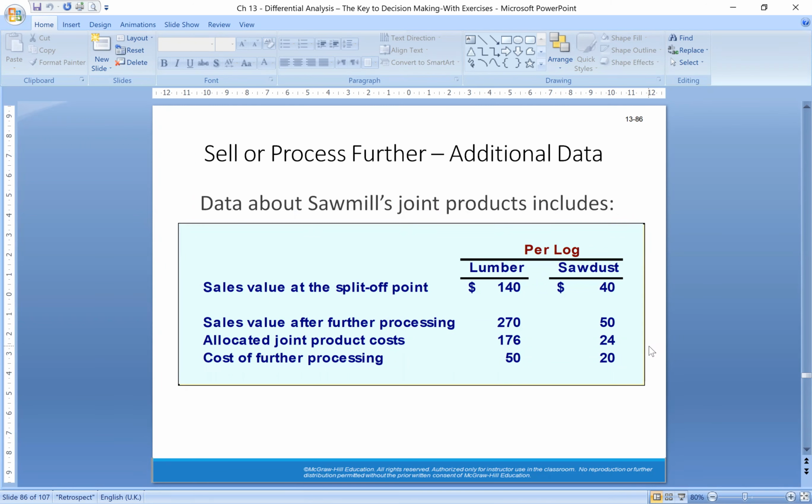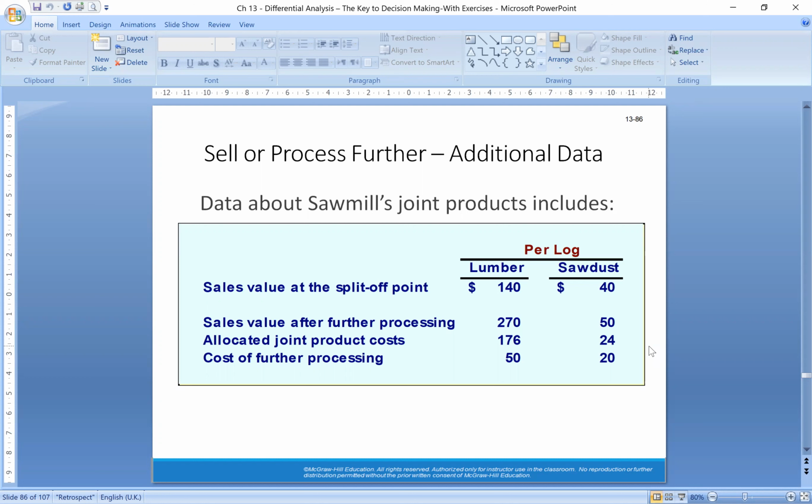Data about the sawmill's joint products includes sales volume at the split-off of 140 for the lumber and 40 for the sawdust per log. Sales volume after further processing is 270 and 50 respectively. The meaning of after processing is that if we do further processing for the lumber, we can sell it for $270.